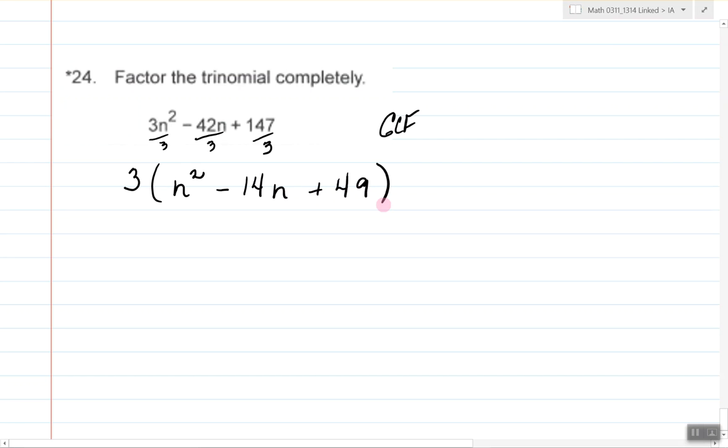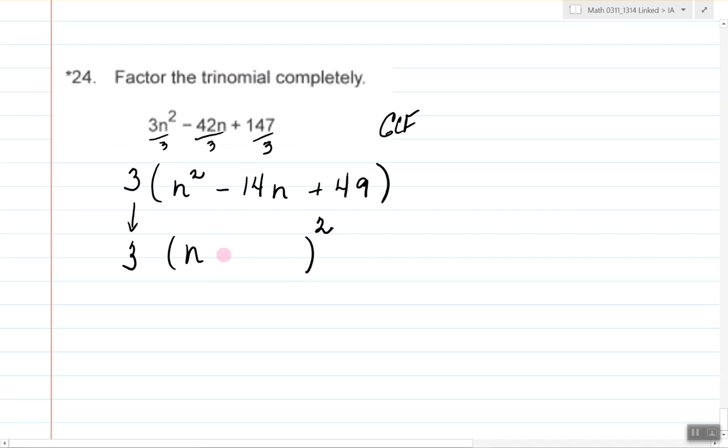You might or might not recognize what I'm looking at. This is a perfect square, which it almost always is unless there's a number, and then it might or might not be. So I'm going to let the 3 tag along, and I'm going to try something. I might not be right. If this is a perfect square trinomial factor, square root of the first, n.